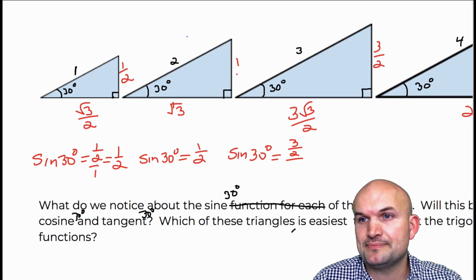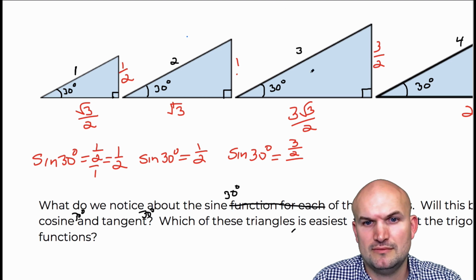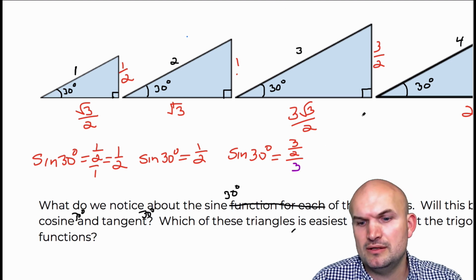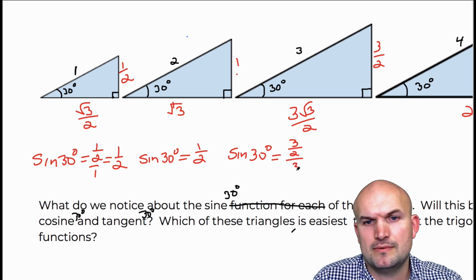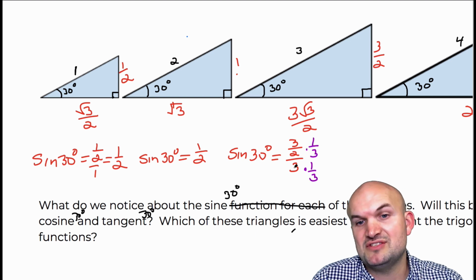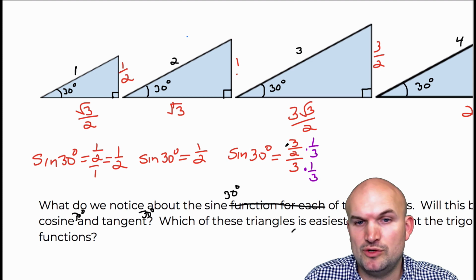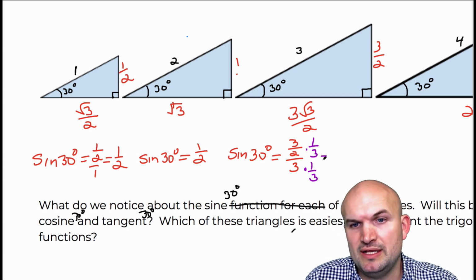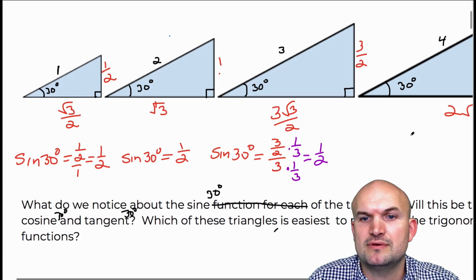That's over 3, so divide by 3. Let's use red. Now we'll multiply by the reciprocal. Any number multiplied by its reciprocal is going to go to 1, and here the 3's divide out. Again, we'll just be left with 1/2.